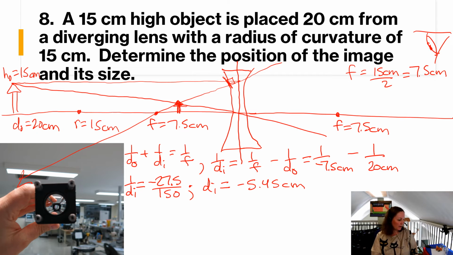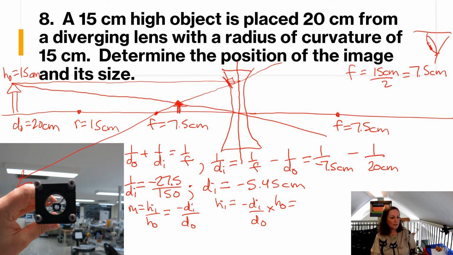Now we work on our other part of the equation. Magnification equals height of image over height of object, which equals negative distance of image over distance of object. We can solve for the height of the image equal to negative distance of image all over distance of object times height of object.